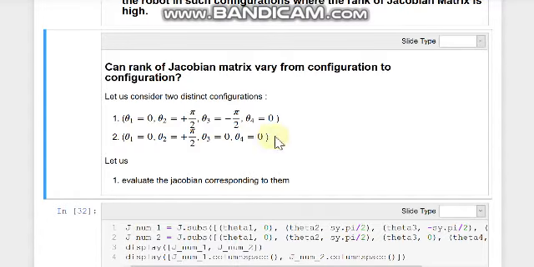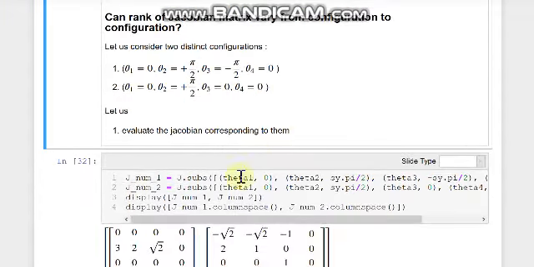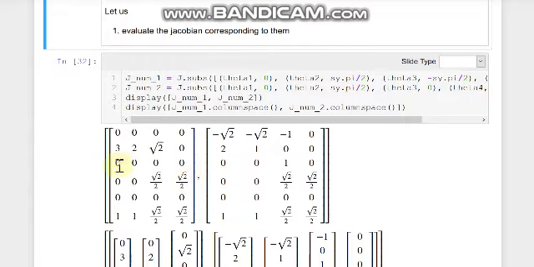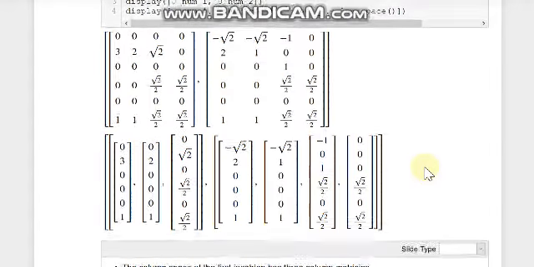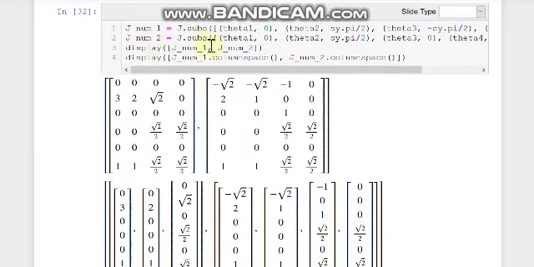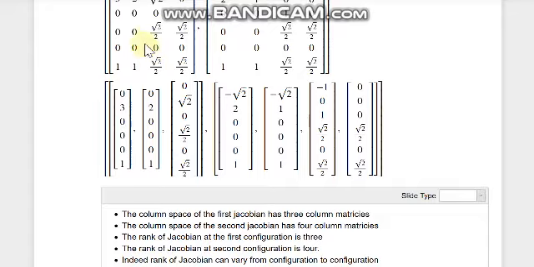This is another configuration, and we evaluate the Jacobians for these 2 configurations, and these are the Jacobian matrices that we obtain. Again, using SymPy's library, we evaluate the column space of this matrix, and here also we evaluate the column space of this matrix.